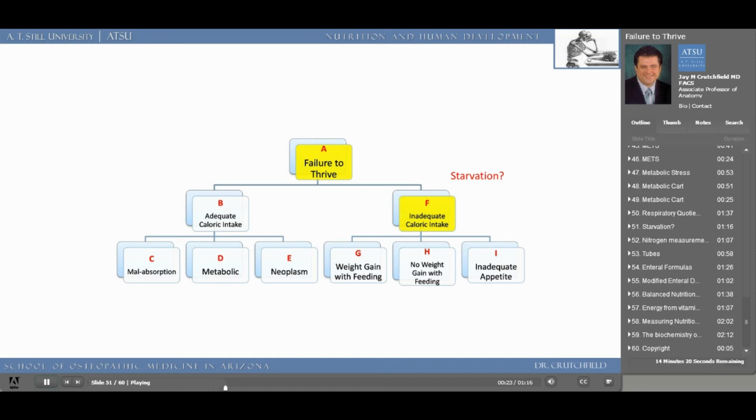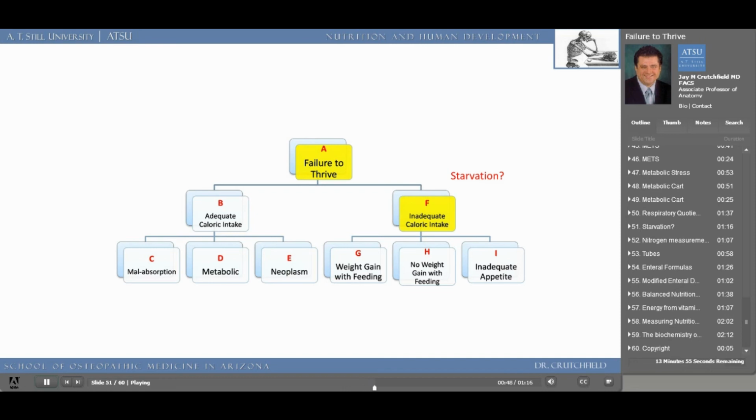What if we're feeding them inadequately, and of course they would be losing weight, but they've had no weight gain with the feeding? Or perhaps they're just not eating because they're not hungry. Are they actually in starvation mode, or just malnourished, or both? How can we have a patient who is gaining weight with feedings if we're giving them inadequate calories?